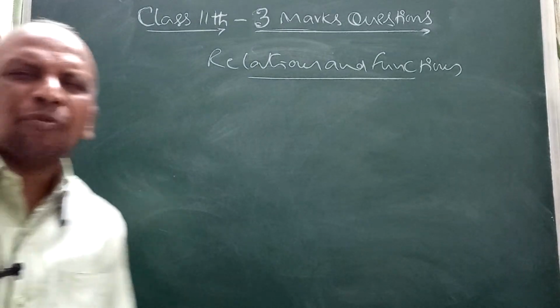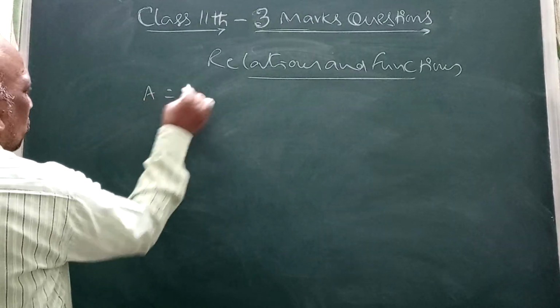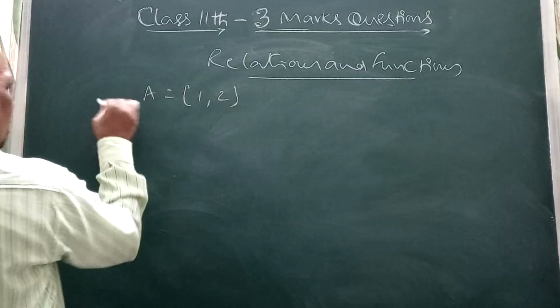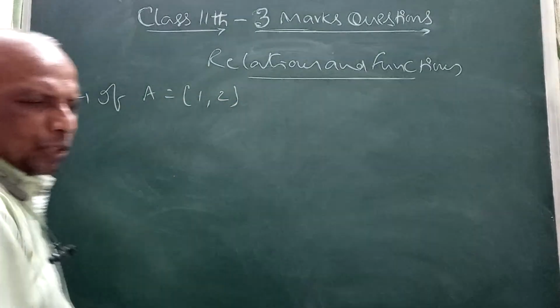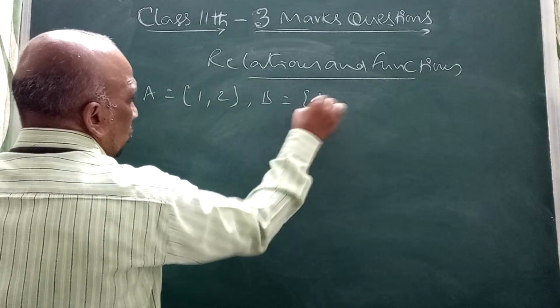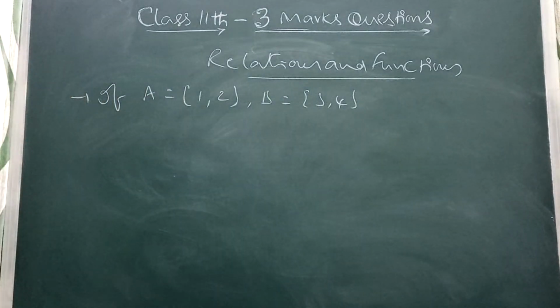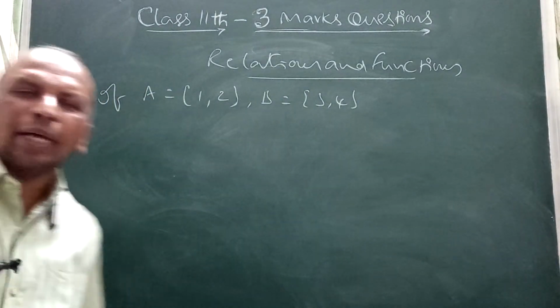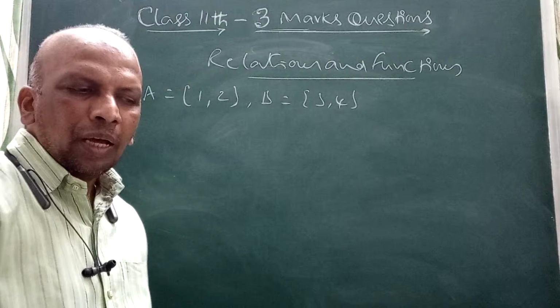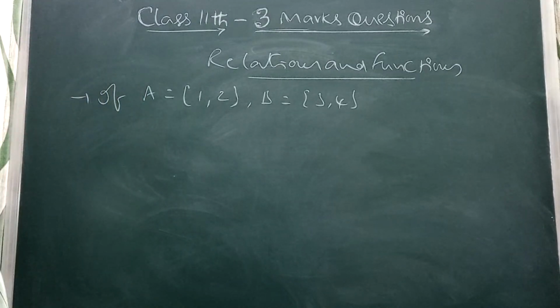First, suppose A is equal to {1, 2} and B is equal to {3, 4}. Write A cross B. Then how many relations or subsets will there be from A to B?